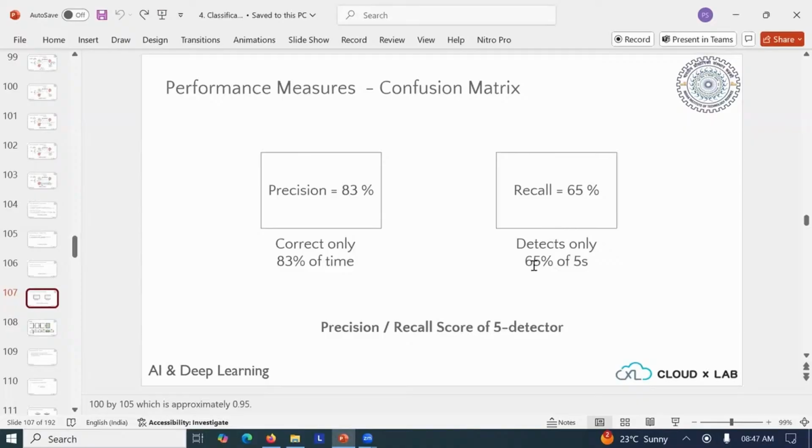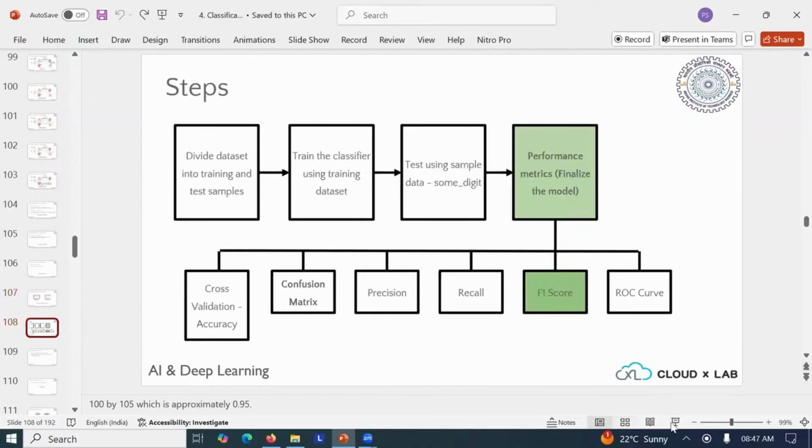So this is what precision and recall mean.